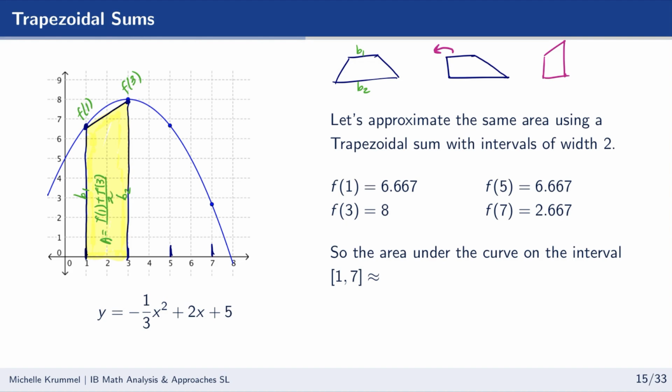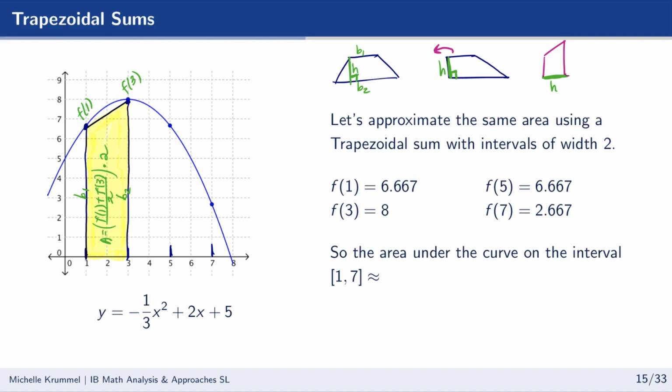That's the average base, times the height of the trapezoid. Since ours is turned on its side, the height of our trapezoid is that distance right there, and we know that that's 2. So I'm going to multiply by 2.